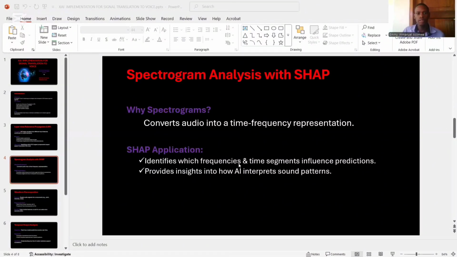The application would identify which frequencies and time segments in a corresponding audio clip would influence predictions. It would provide insights into how AI interprets sound patterns. These were the crucial parts of the spectrogram analysis.